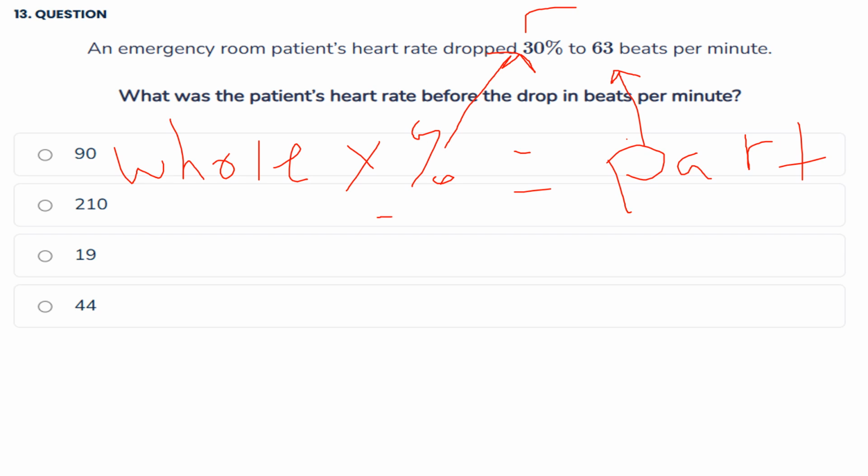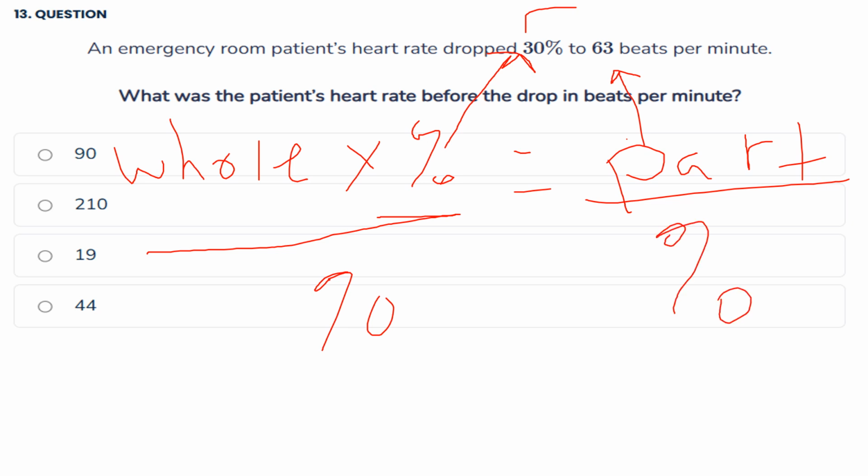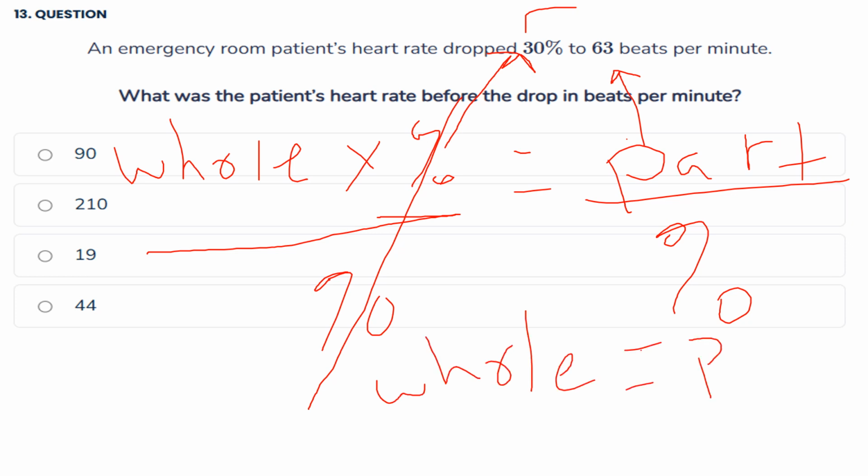So I'm going to divide each side by percent. And the percent cancels out on this side. So whole equals part divided by percent.